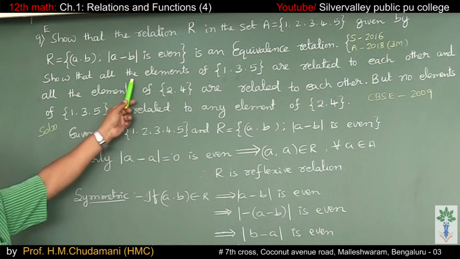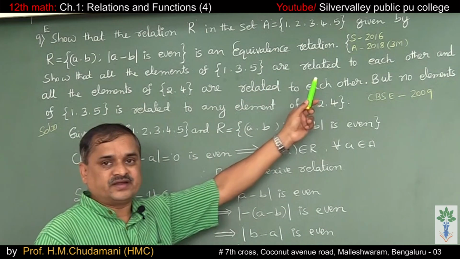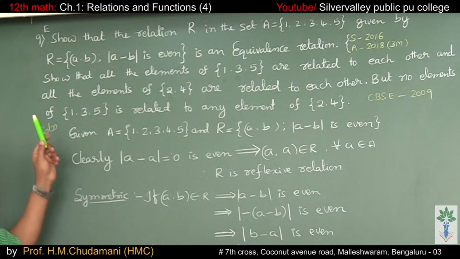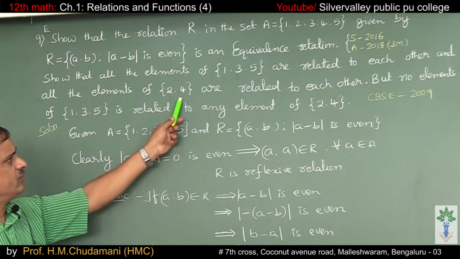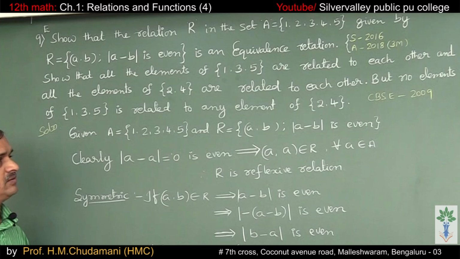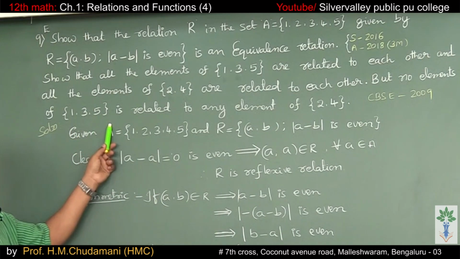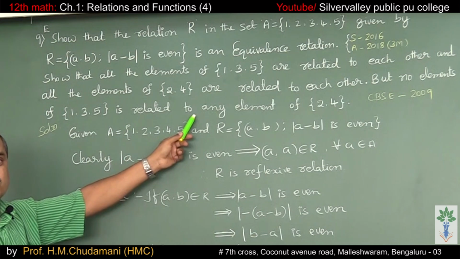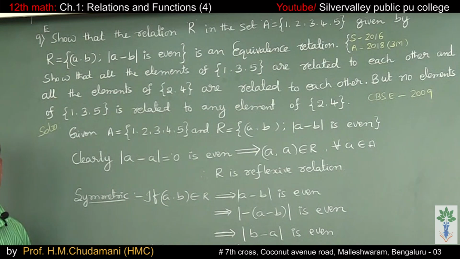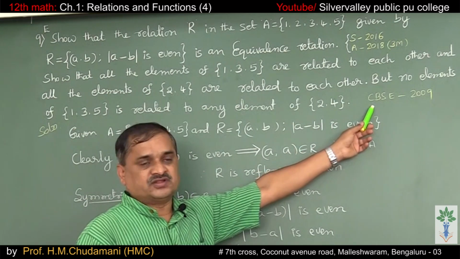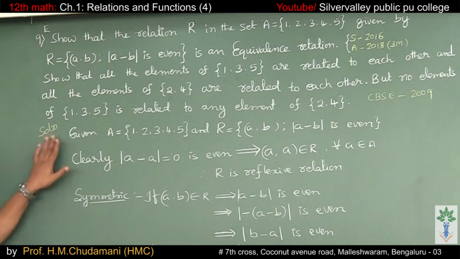Show that all the elements of the set {1, 3, 5} are related to each other and all the elements of the set {2, 4} are related to each other, but no element of {1, 3, 5} is related to any of the elements of the set {2, 4}. This of course appeared in the CBSE 2019. Solution.